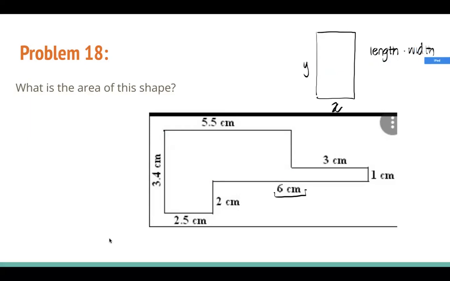But in the case of this shape, we can't really do that because everything is not equal. The shape is not considered a rectangle. So we're going to break it down into rectangles so we can solve for the area of those rectangles and then just sum them up to find the area of the entire shape. Does that make sense?